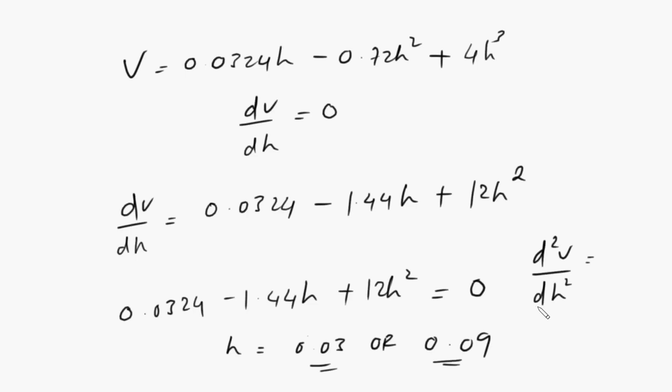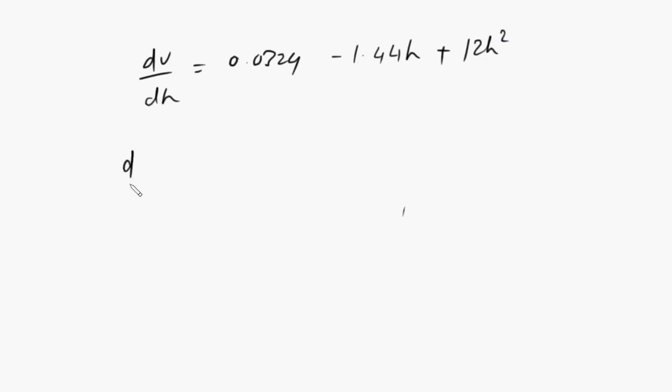My dV/dh is 0.0324 minus 1.44h plus 12h squared. If I find the second derivative, I differentiate this again. The constant becomes 0, and what remains is negative 1.44 plus 24h.